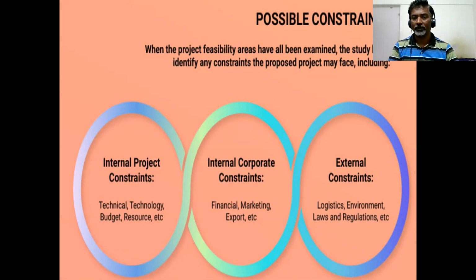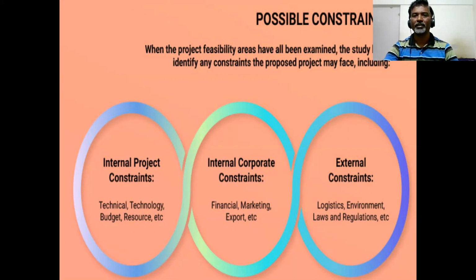Likewise, for internal corporate constraints, we have to verify that we are having adequate financial support, a good marketing team, and a good expert team. If you have those things, then we can say there are no internal corporate constraints. And likewise, we have to verify the external constraints like logistic facilities, environmental constraints, and different laws and regulations.